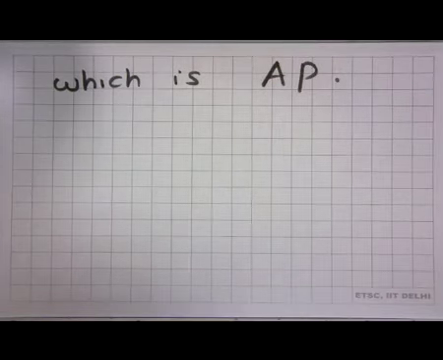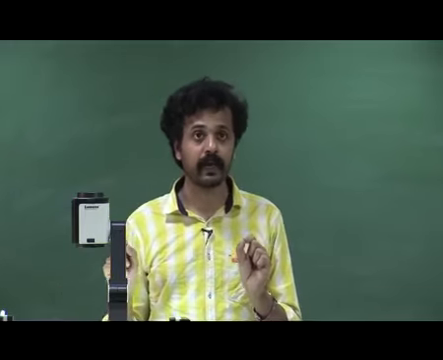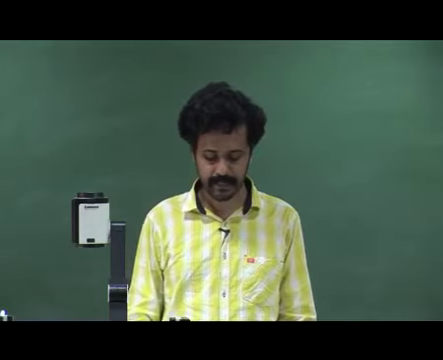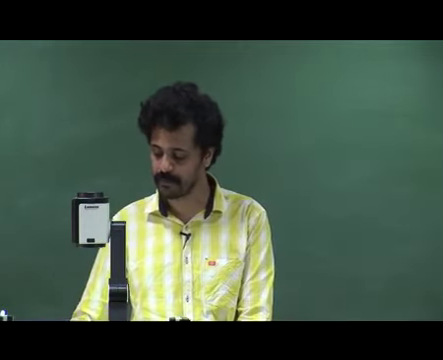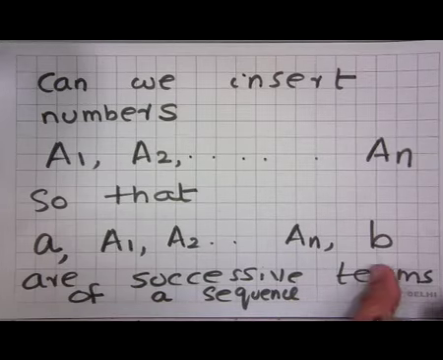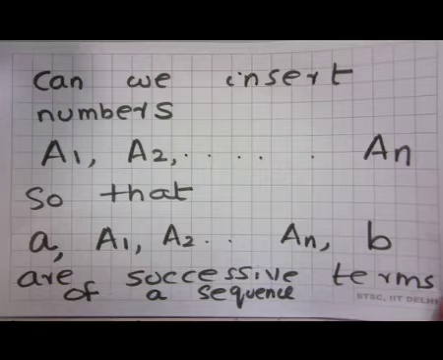So, given two numbers a and b, we would like to insert n numbers between them, so that the n plus 2 numbers altogether are successive terms of an arithmetic progression.